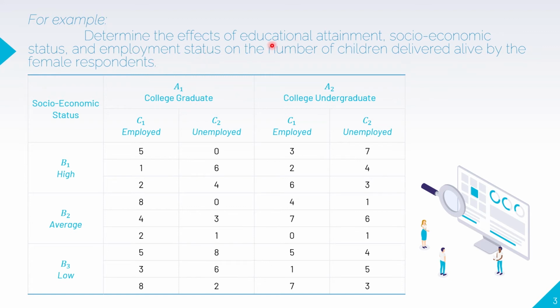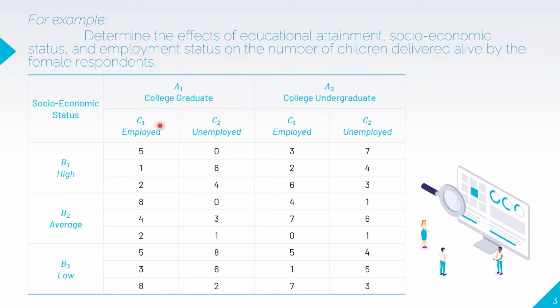Our educational attainment has two categories, which are college graduate and college undergraduate. Our socioeconomic status has three categories: high, average, and low.